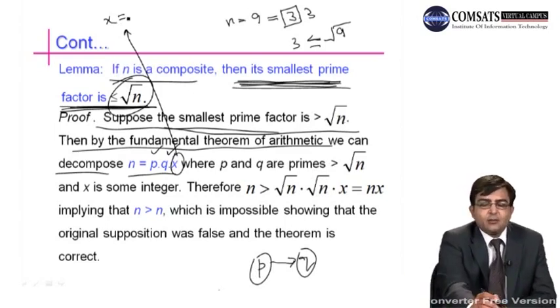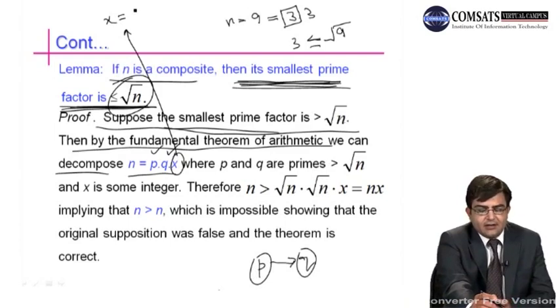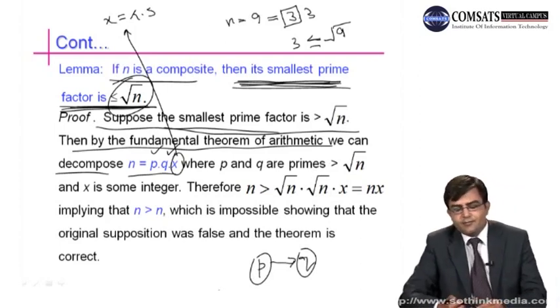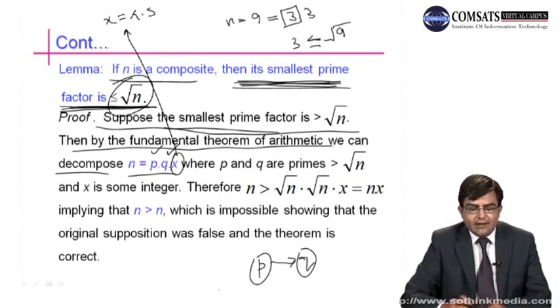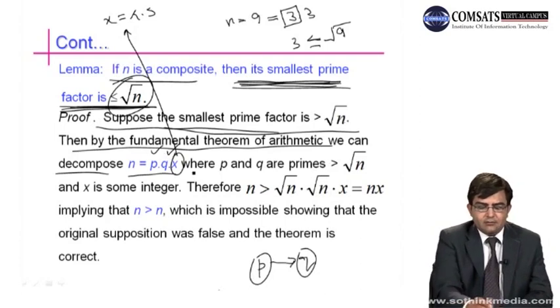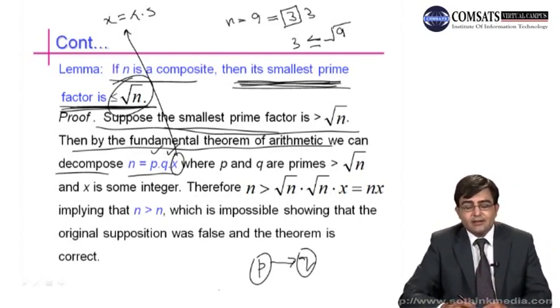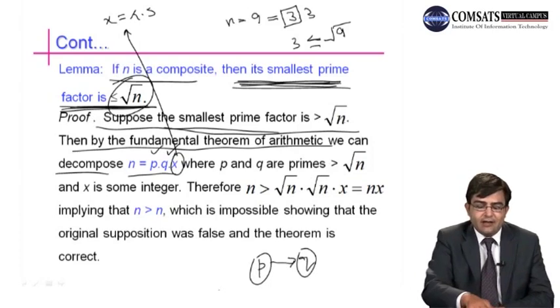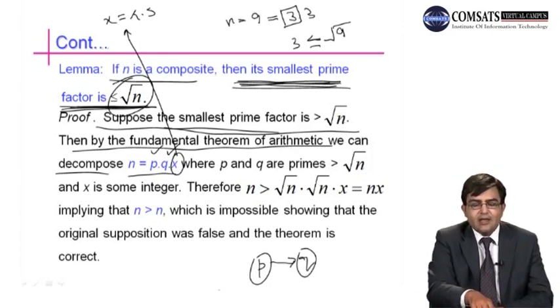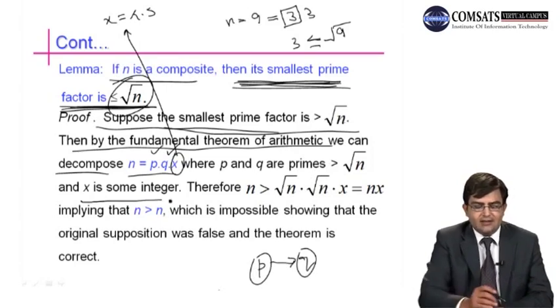Even if x is a composite number, then x can be written as a product of primes, for example r into s and so on. So we have applied the fundamental theorem of arithmetic, but not completely, as we have not mentioned what x is. x, we have said, is some integer.